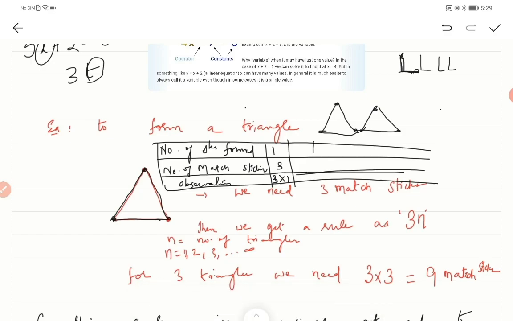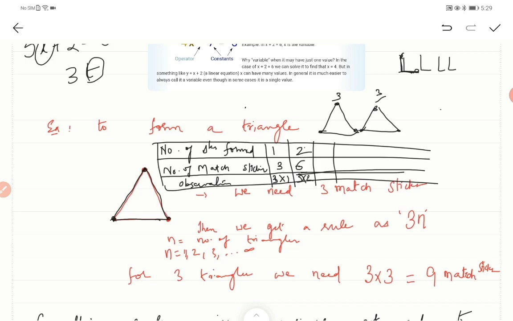All right, so now if I want to make two triangles, how many sticks will I need? 6 sticks, right? For this triangle 3, this triangle 3. So for two triangles I will need 6 sticks, which is 3 into 2.